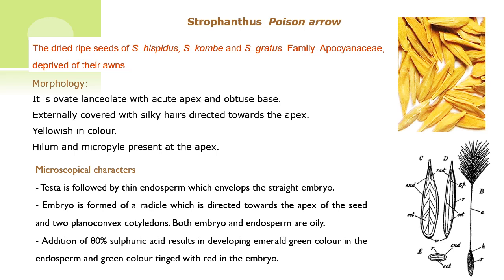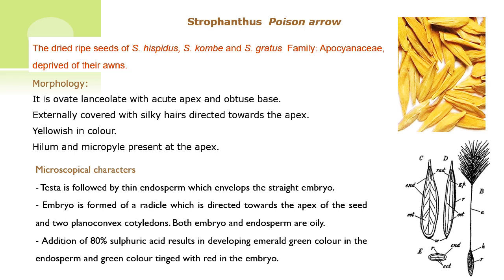Microscopically, the seed is composed of two cotyledons and a radicle situated in the narrow part of the seed, and a narrow testa. A section perpendicular to the surface of the seed shows two cotyledons and the radicle in the narrow part.